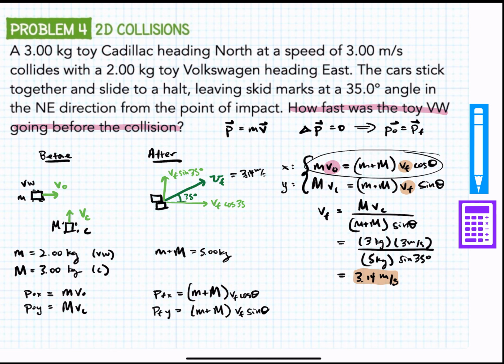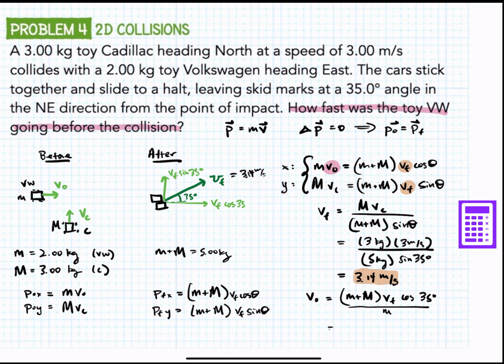So we go back to this equation and we solve for V naught, which gives us m plus M times V final, which is what we just solved for, cosine 35 degrees, divided by small m. So this gives us 5 kilograms, 3.14 meters per second, cosine 35 divided by 2 kilograms.